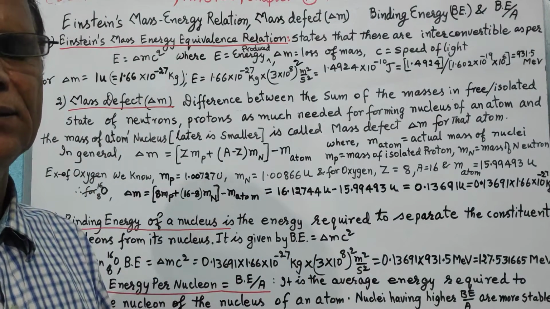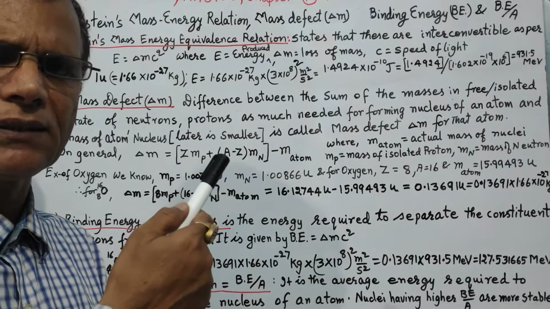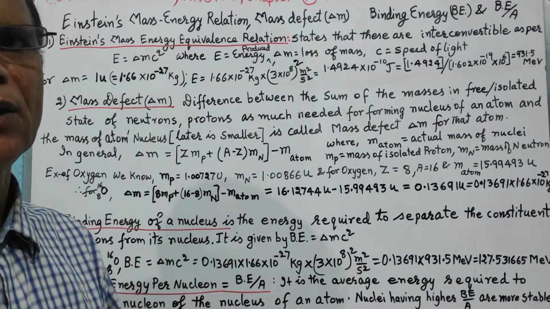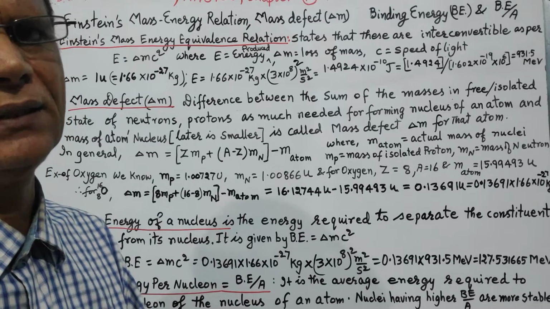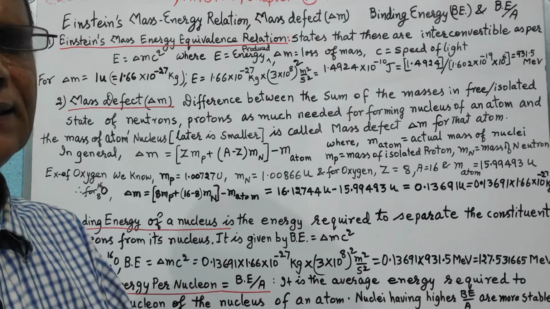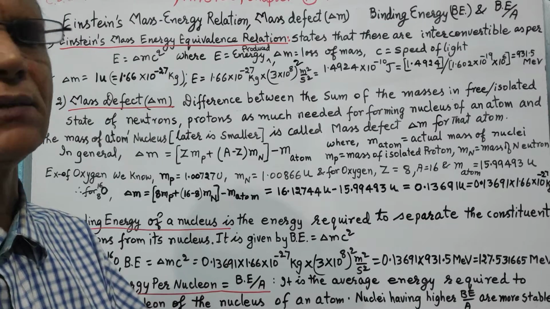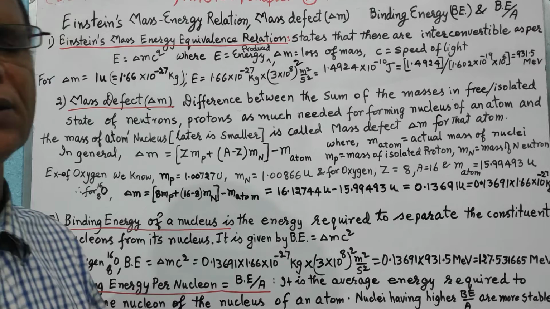And when we find the difference between the sum of the mass of these individuals and the actual mass of the nucleus of the oxygen, then a difference is always found, and that difference is known as mass defect.